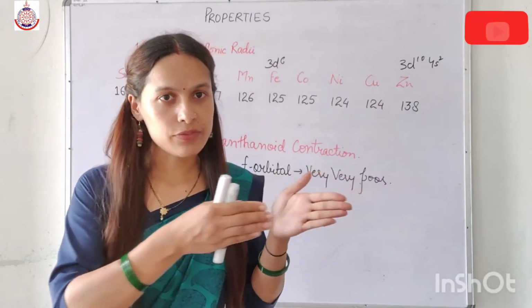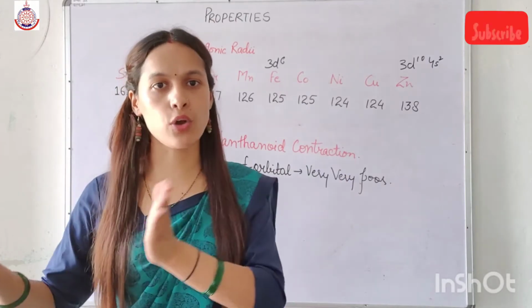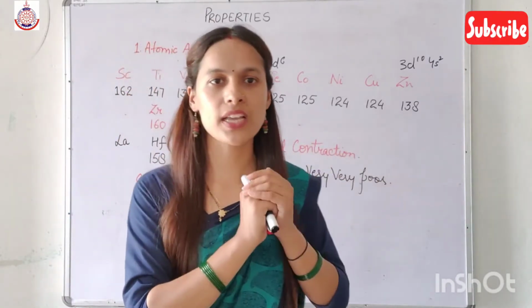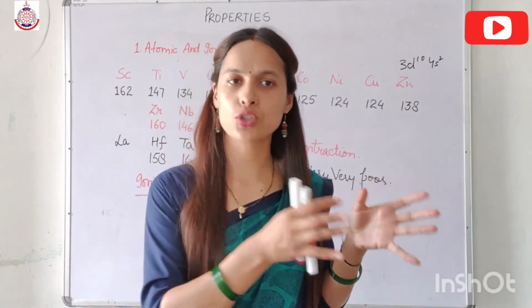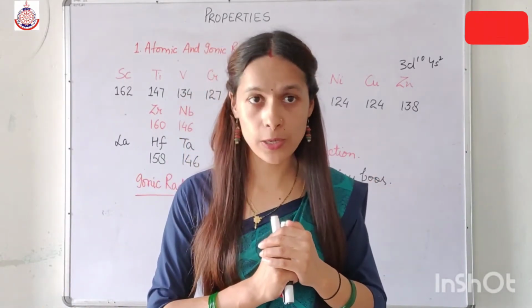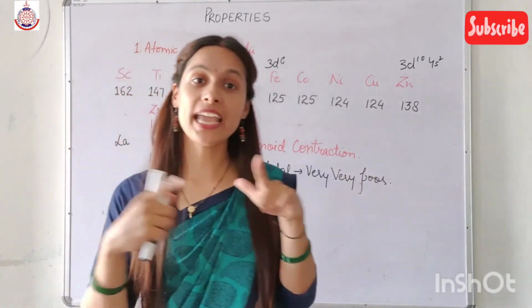So when we are moving left to right in a period, what happens? Atomic radii decreases. So obviously the atomic radii of d block is less than that of the s block, and if atomic radii is less, then the ionic radii of d block should be less than that of the s block. But if we talk about the p block, in p block we get an anion.